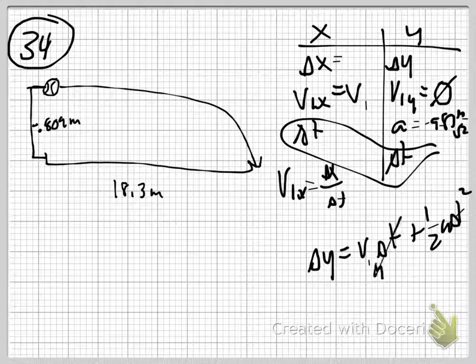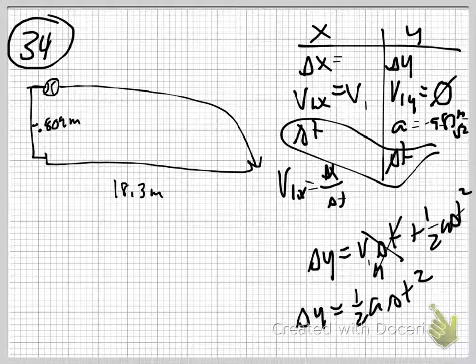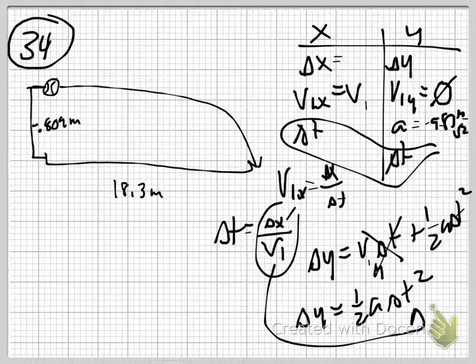And we know that this goes away. So we have delta y equals 1/2 a delta t squared. Now, if we rearrange that to delta t equals delta x over vi, we've got something we can plug in. And we want to solve for vi, and that'll be relatively easy at that point. It'll just be ugly algebra.